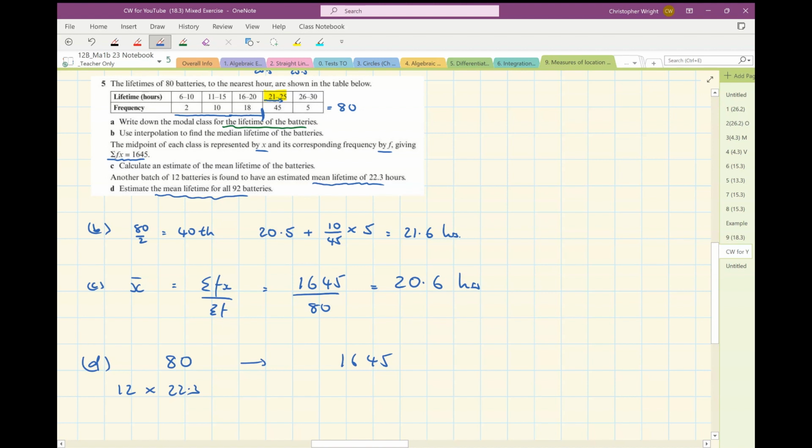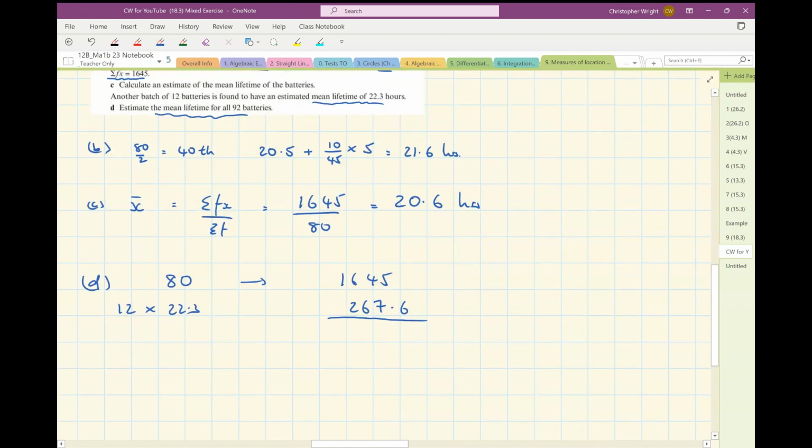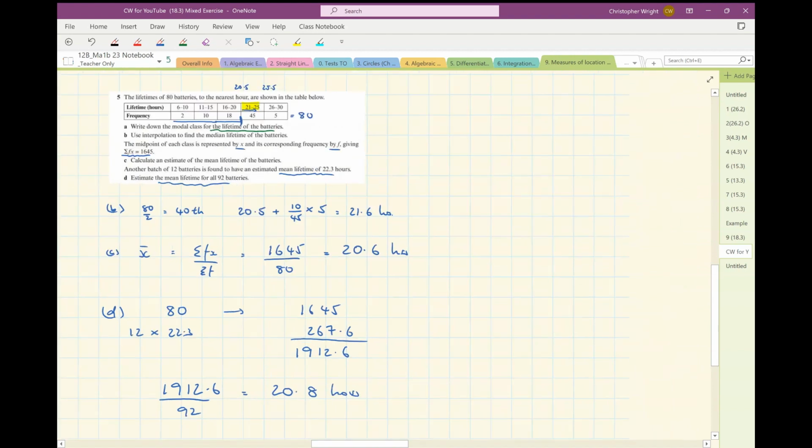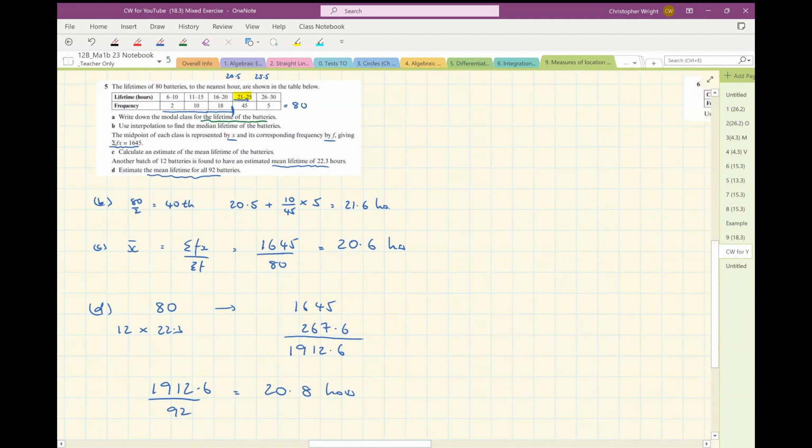So I know their total is 12 times 22.3, which gives me 267.6. So altogether, the 92 batteries have a total lifetime of 1912.6. So the mean for all of them will be the total divided by 92, the number of batteries, which gives me an answer of 20.8 hours. That is question 5 complete.